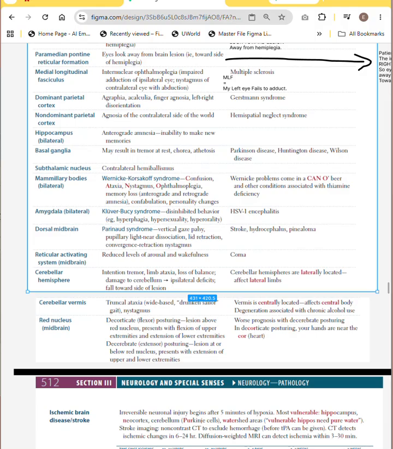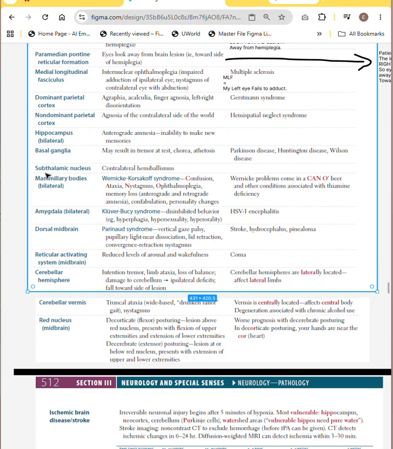It sends it to the GPi of the basal ganglia, which sends GABA, which acts as an inhibitory signal to the thalamus, and that goes to the motor cortex. So the net effect of the subthalamic nucleus is to increase inhibition of the thalamus, which means it reduces movement. You can think of it as the brain's braking system, right? That's just a little revision of what the subthalamic nucleus was.